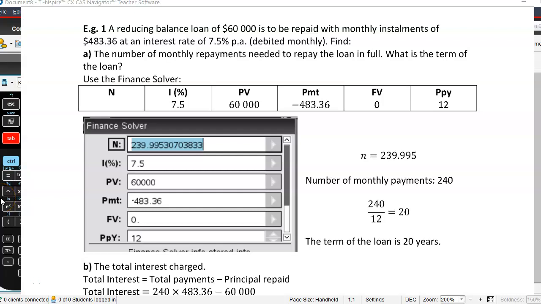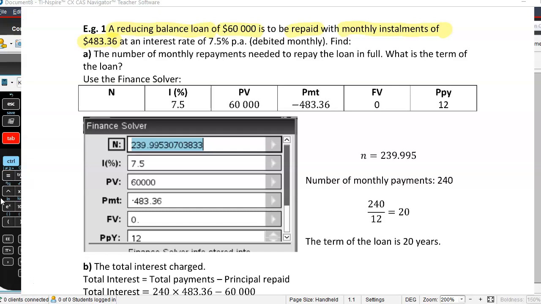So let's start looking at some examples of using our financial solver. We've got a reducing balance loan of $60,000, which is to be repaid with monthly installments of $483.36.